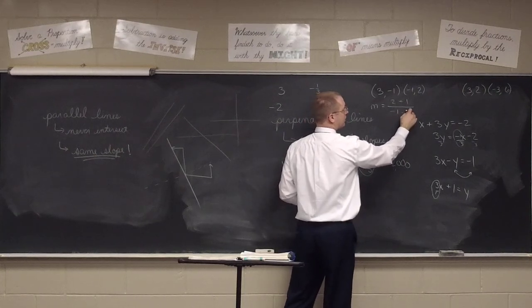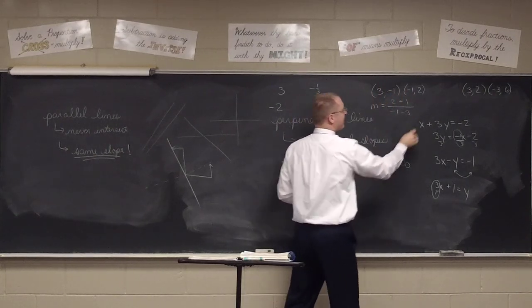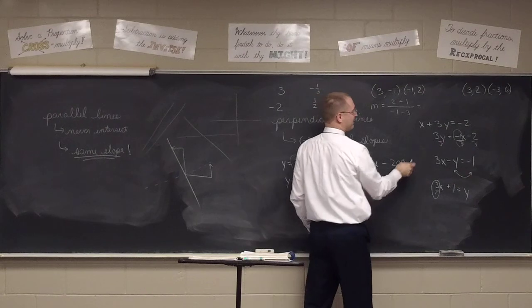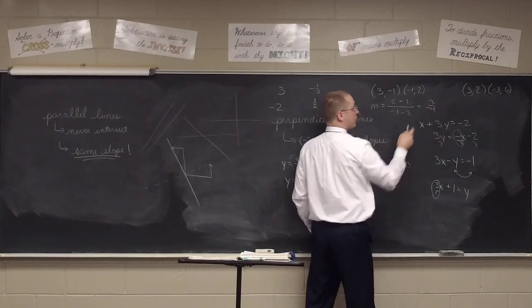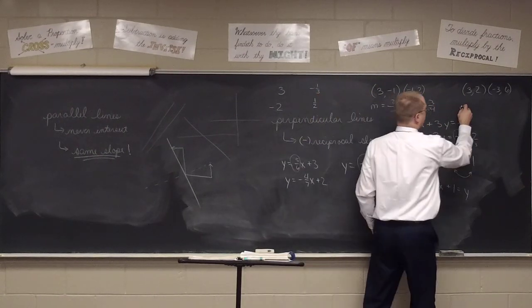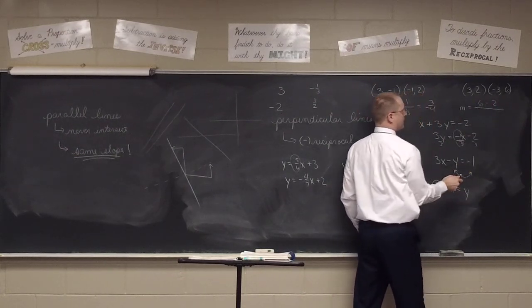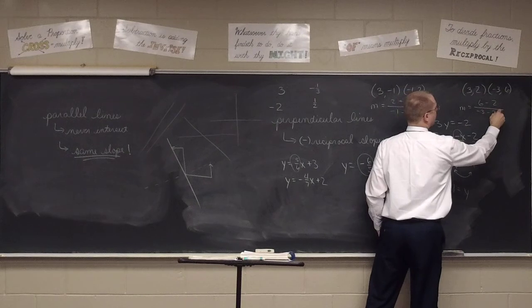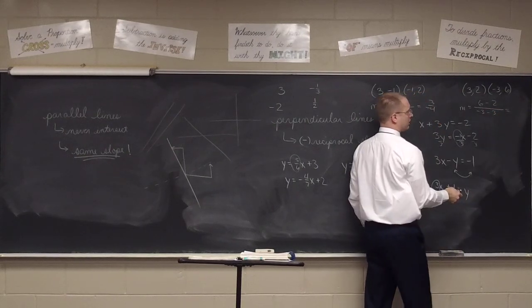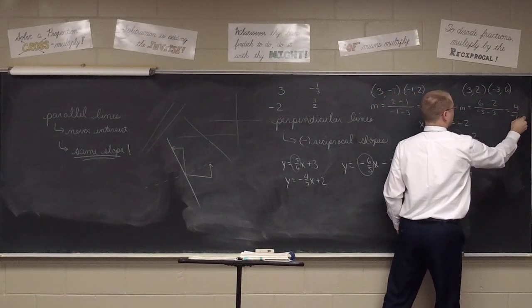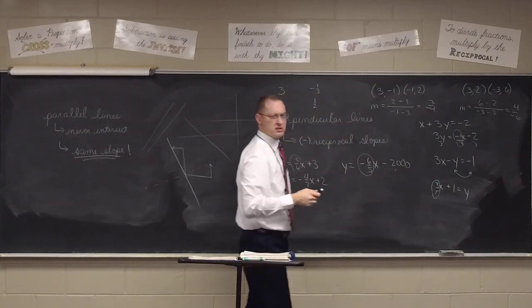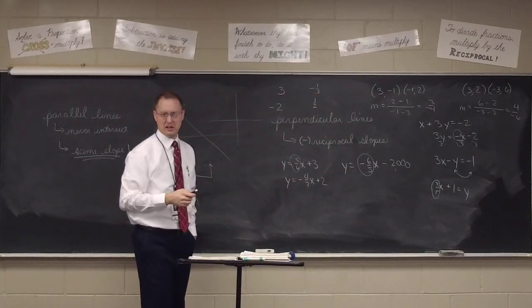Ooh, careful, negative 1, negative 3, and that would give me 3 over negative 4. Okay, let's find this slope. Set up the numerator. 6 minus 2. And in the denominator, negative 3 minus 3. And that would give us 4 over negative 6. Are those going to be negative reciprocals? Then are those lines perpendicular?